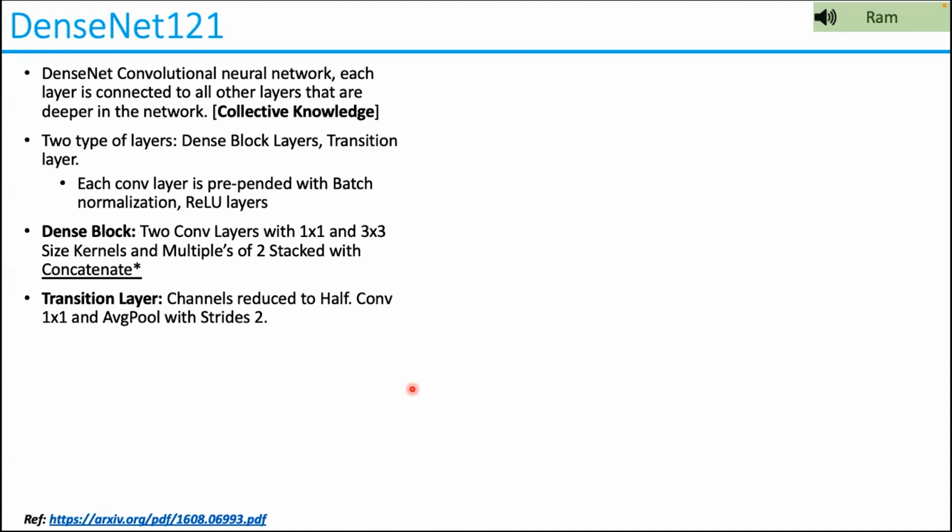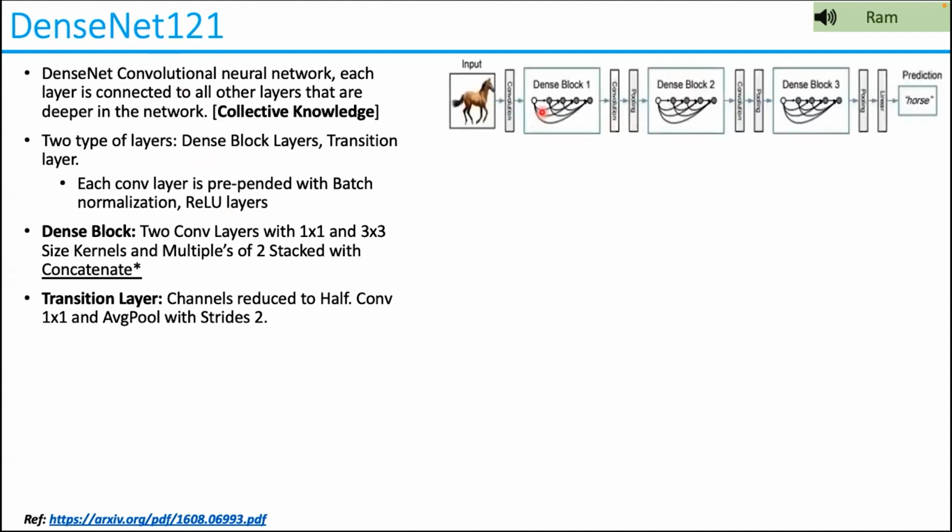DenseNet keeps passing the information it learned in one network to the next within dense blocks, and the transition layer reduces the convolution layer outputs. This is being suggested for animals, so we took this one.